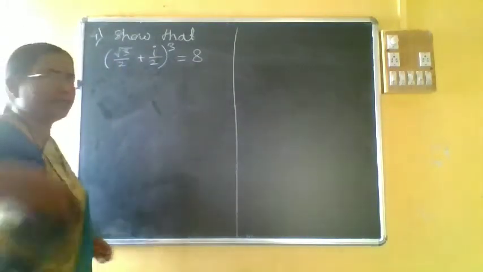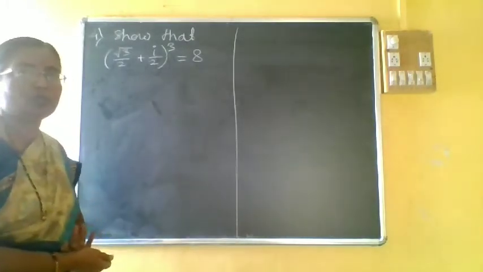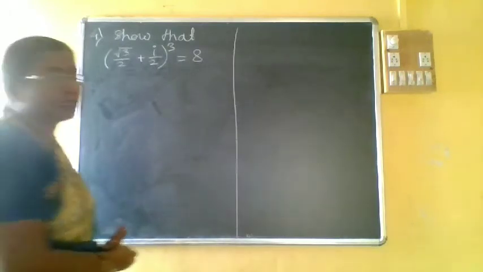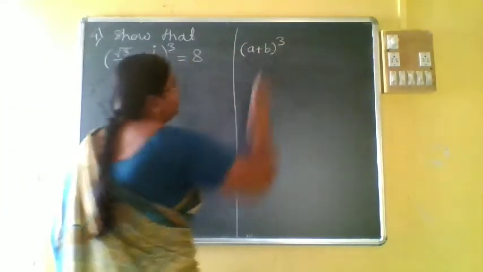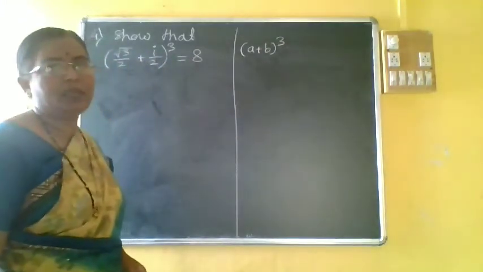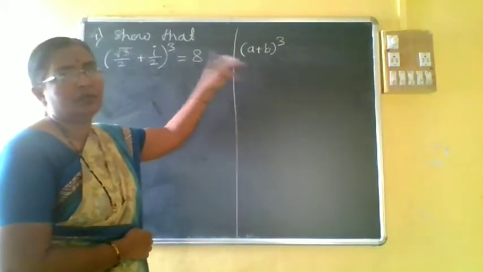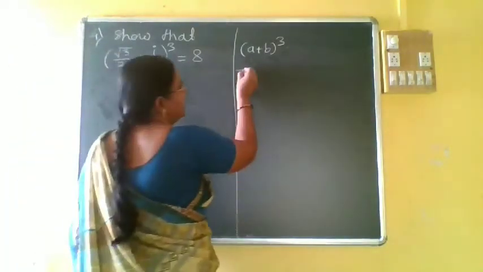We have already studied in the 8th standard the expansions of the cubes of brackets. I am first going to give you the expansion of (a plus b) bracket cube. We are using this expansion for this example. How to expand this?